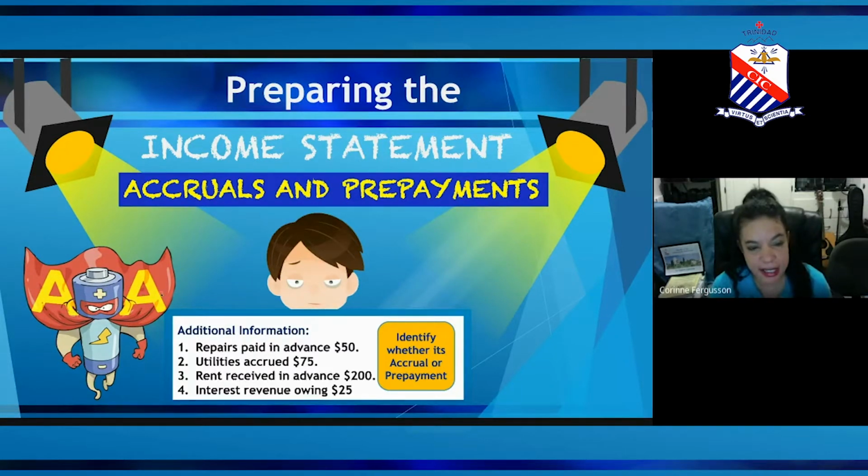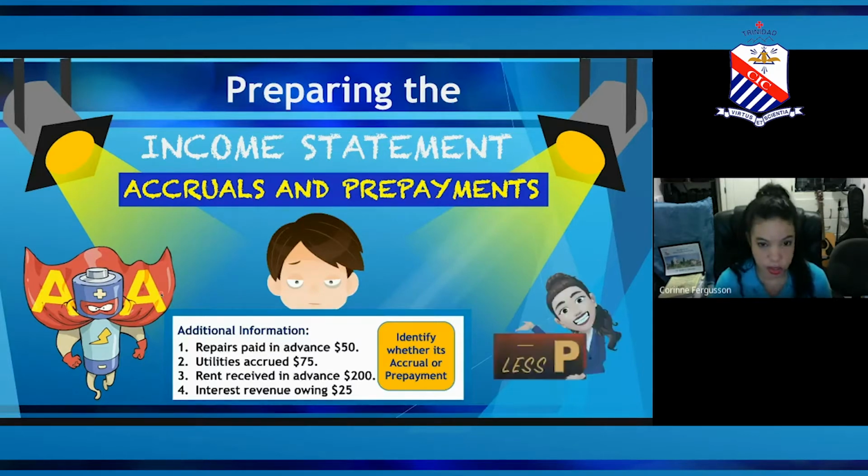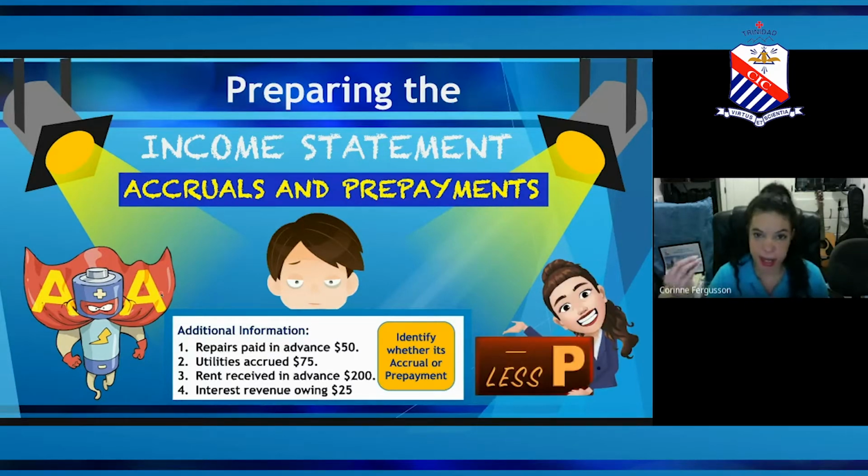The AA stands for add accruals. So once you identify it as an accrual, that means you add it. We're going to keep on saying it over and over, so by the end of this lesson, I hope it's stuck in your head. In fact, you're dreaming it. And you less the prepayments, and that goes for both the expenses and the revenue. It's always battery man.